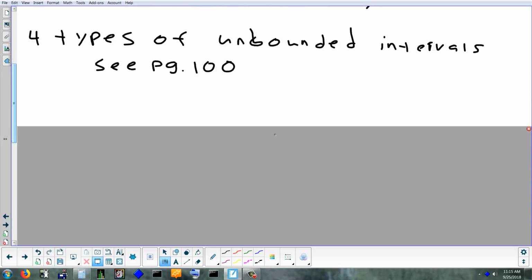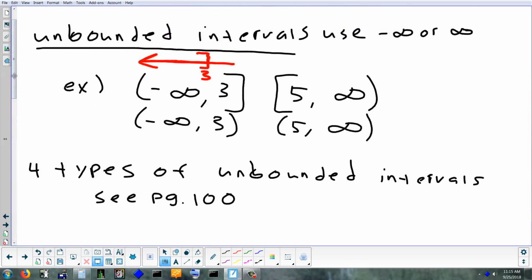All right, so let me ask you a question. Could you have an unbounded, fully closed interval? Unbounded, closed. Yep, Robin? No. Because if it's unbounded, it automatically means it's open on one end because you have infinity in there. So you could never have an unbounded, closed interval.